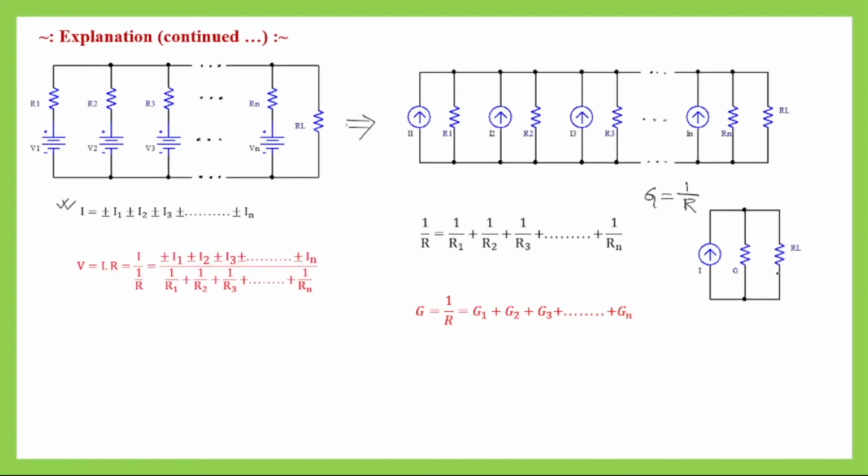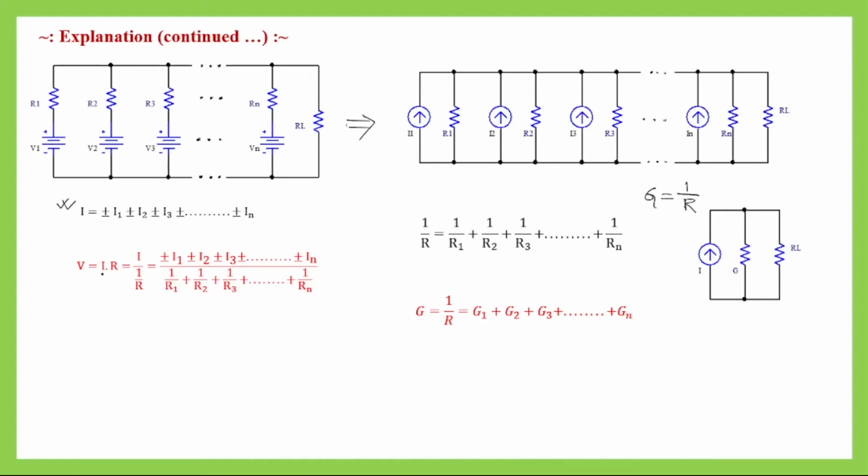Now if we want to represent that circuit by a single voltage source, we have to see how we can find the voltage value of that voltage source. From Ohm's law, voltage will be the multiplication of current and resistance.